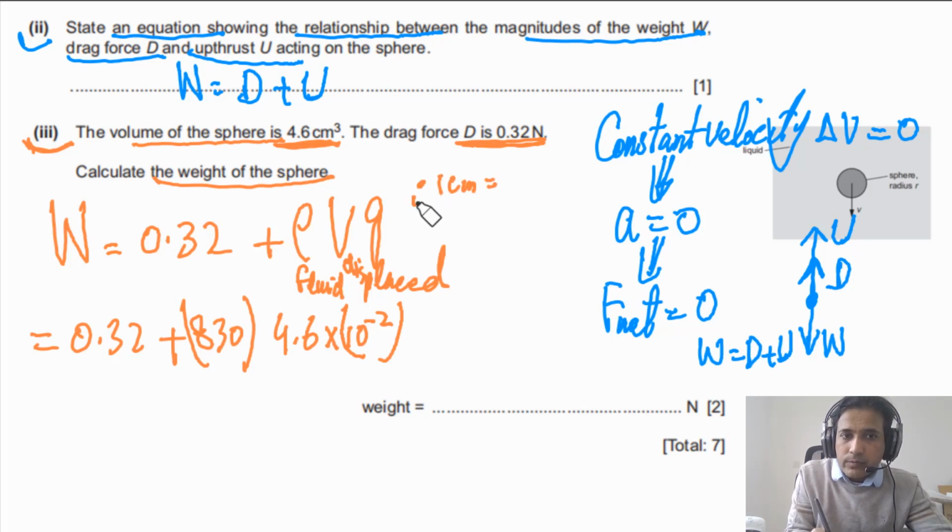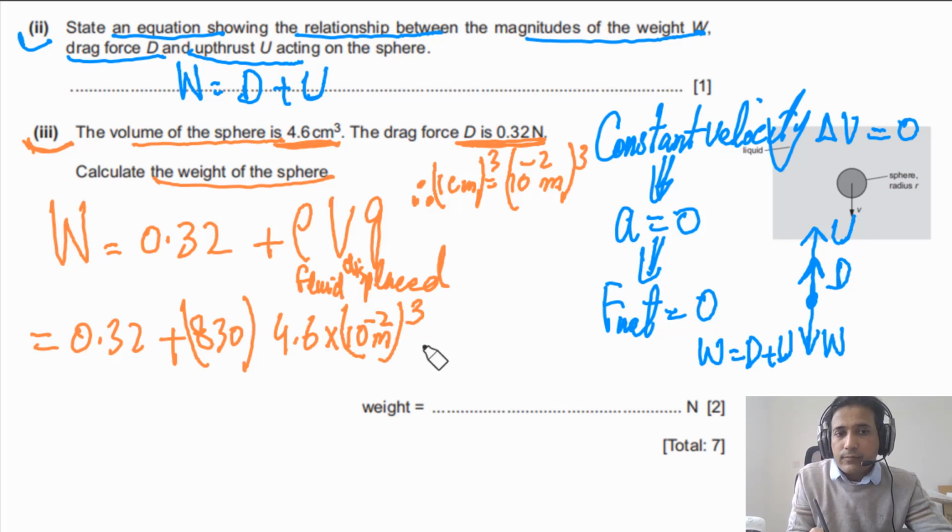Maybe some students will be confused by this. If you take the cube on this side, you also need to take the cube on the other side, so here is meters, and you have to take the cube here as well. Multiply by the value of g, that is equal to 9.81.